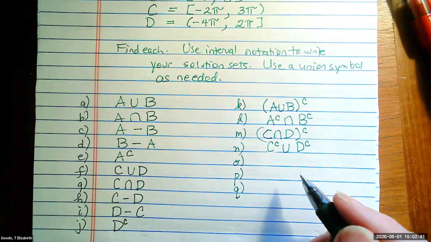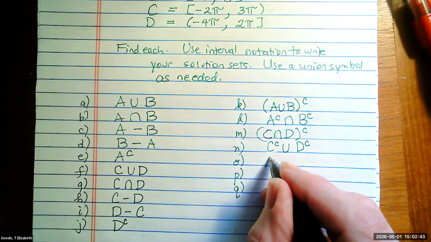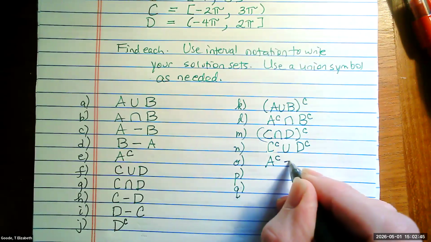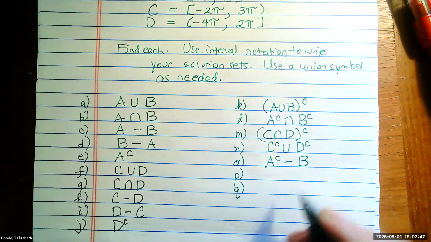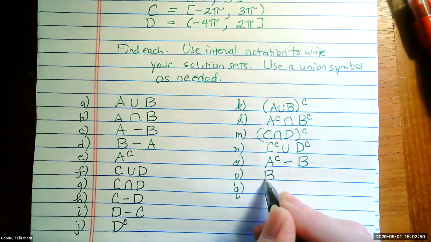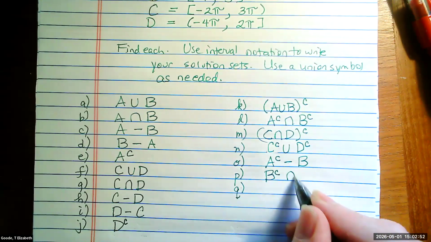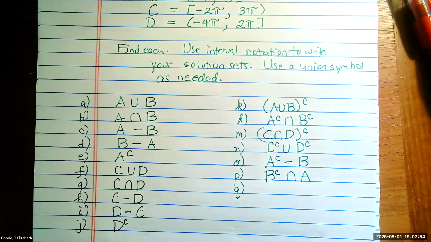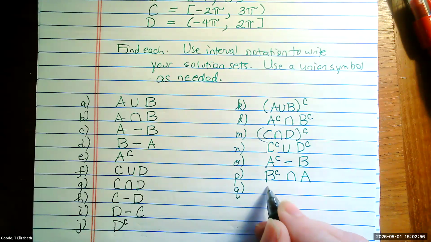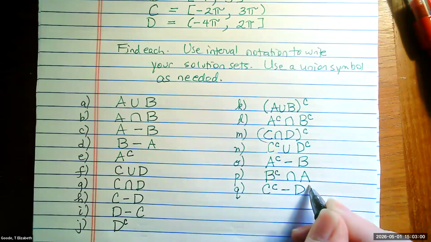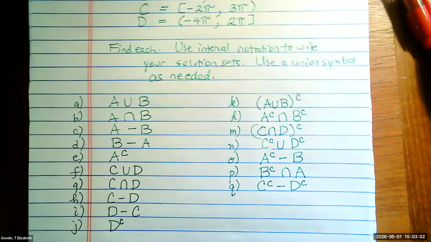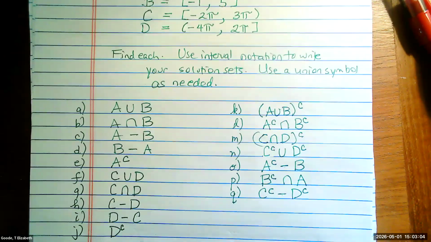And you can look at A complement minus B and B complement intersect A. You can do all kinds of stuff, right? C complement minus D complement. I mean, you can just make up all kinds of stuff and just go crazy.